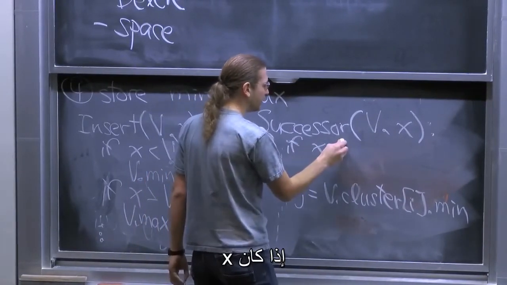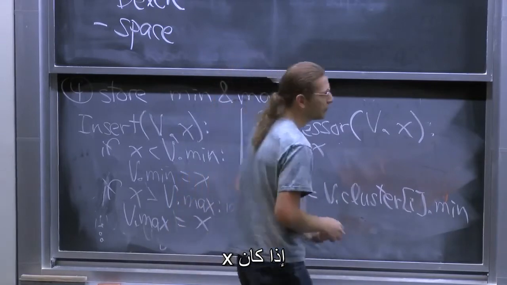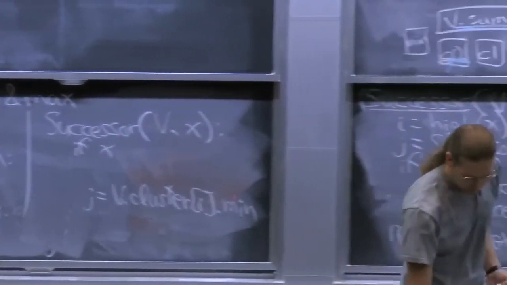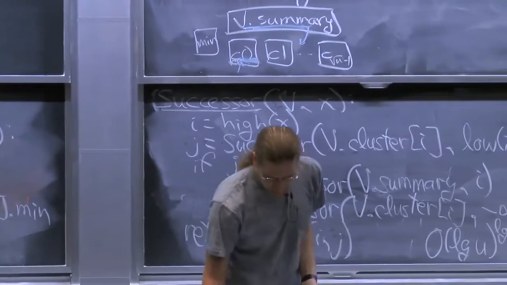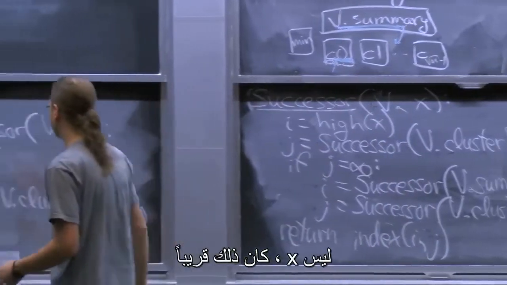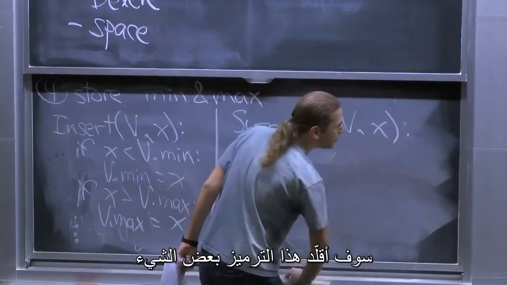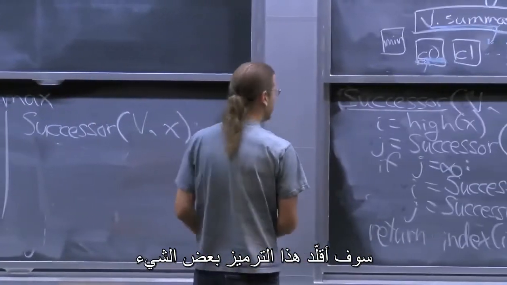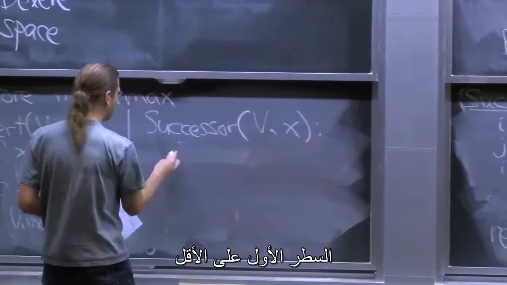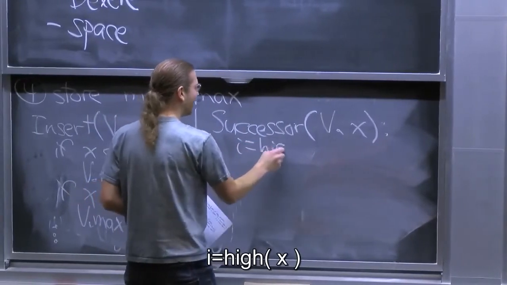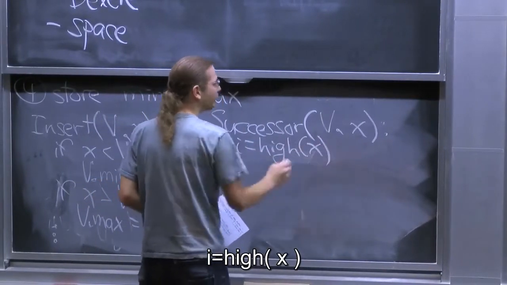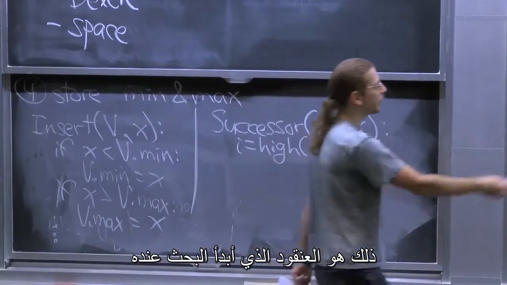If x is not x, close. I'm going to mimic this code a little bit. At least the first line is going to be i equals high of x. And now that's the cluster I'm starting in.